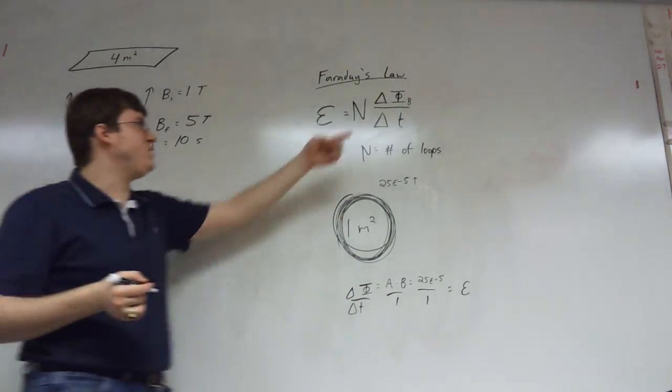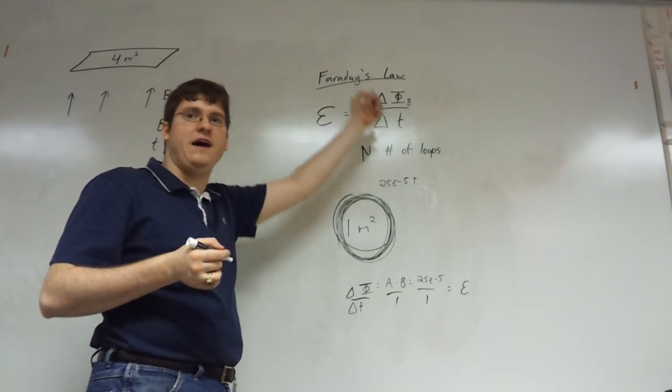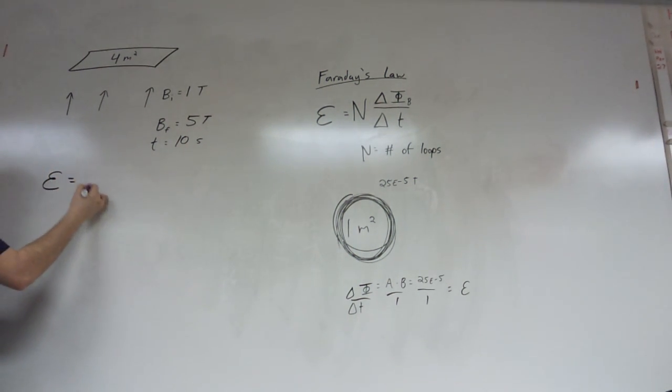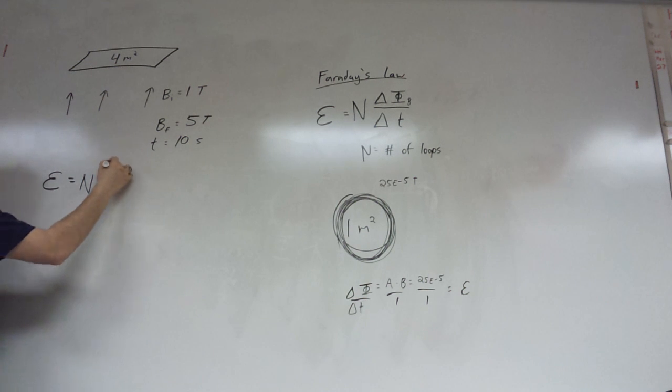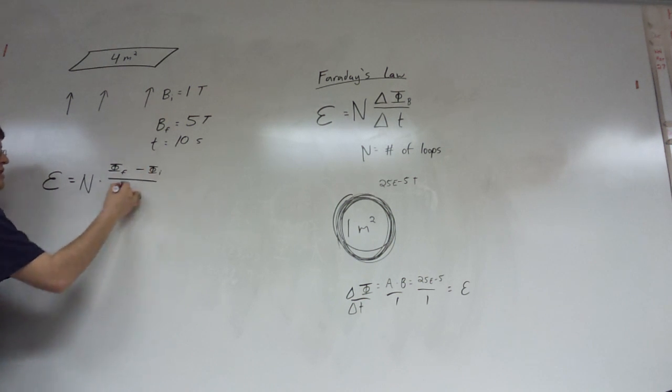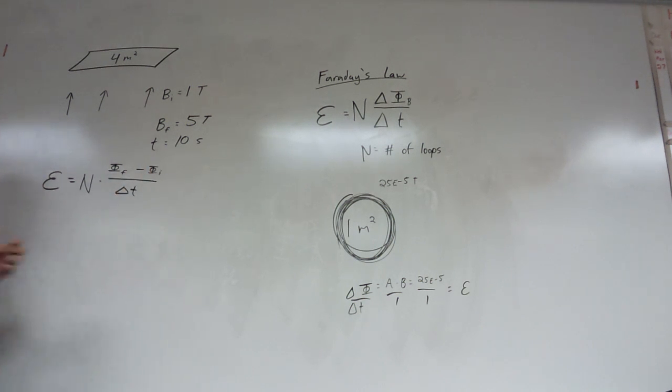Remember, anytime I have a change in, I can rewrite that as final minus initial. So EMF is going to be number of loops times flux final minus flux initial over the change in time. Number of loops was just 1.